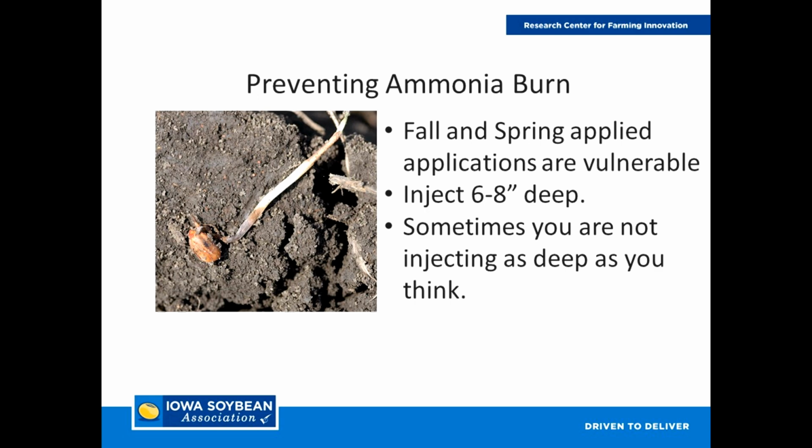The best way to prevent this is to inject your ammonia 6 to 8 inches deep. That takes more time, but it takes a lot more time to replant a crop. Sometimes you're not injecting as deep as you think, and that's something you want to monitor to avoid anhydrous burn. There's no fix for it once you burn the crop up.